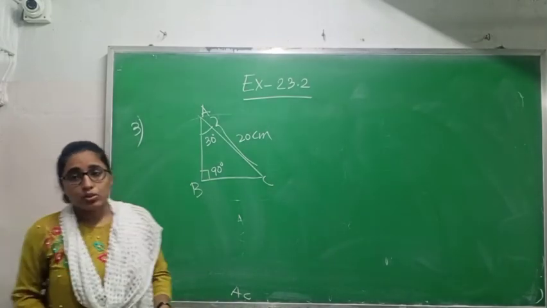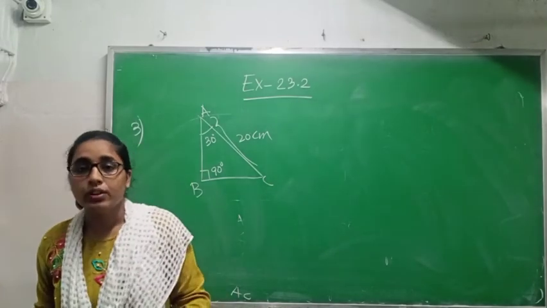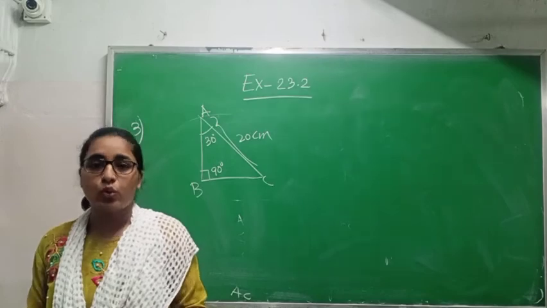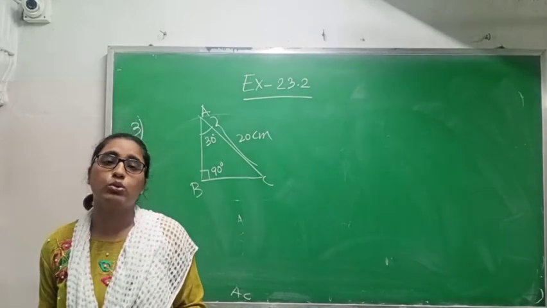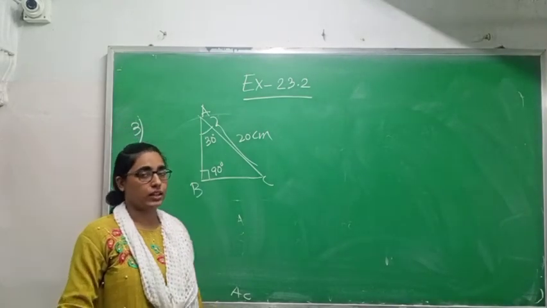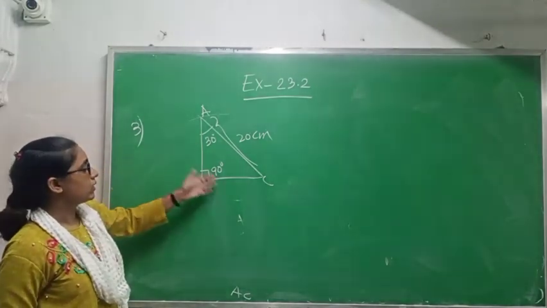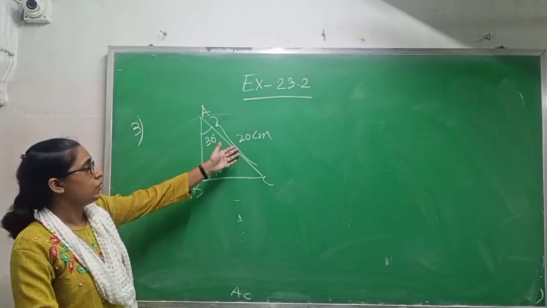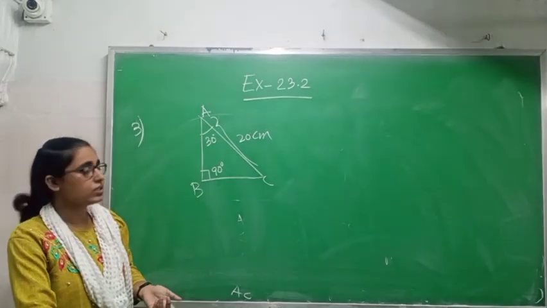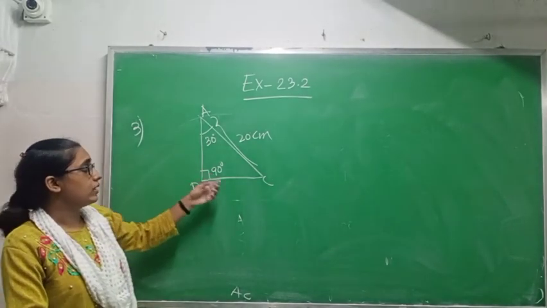In the last question, I told you how to solve and find the other sides if one side and one angle are given. In this one also, you have to find the second and third side. The first side is already given: the hypotenuse. You have to find this and this.